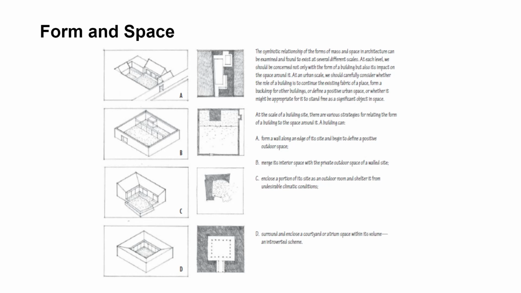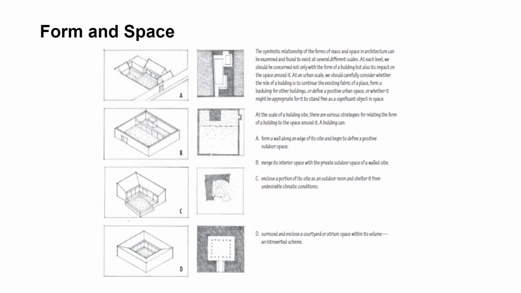At each level, we should be concerned not only with the form of a building but its impact on the space around it. That's why we consider built environmental design as going past the boundaries of the four walls that we are entrusted with.